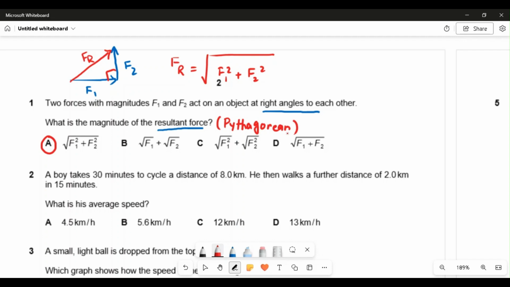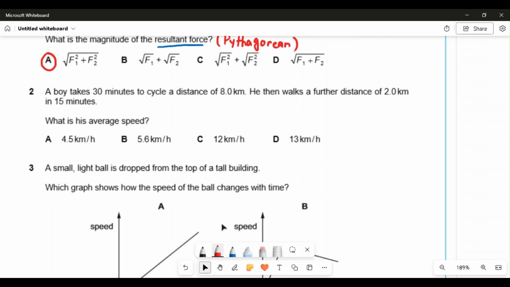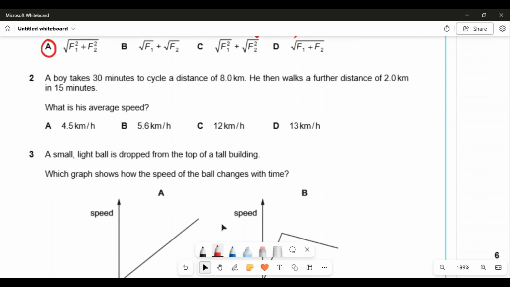Okay. Question number 2 here is we have a boy that cycles for 30 minutes and in 30 minutes covers 8 kilometers distance. Then he walks a further distance of 2 kilometers in 15 minutes. We are asked to find the average speed.